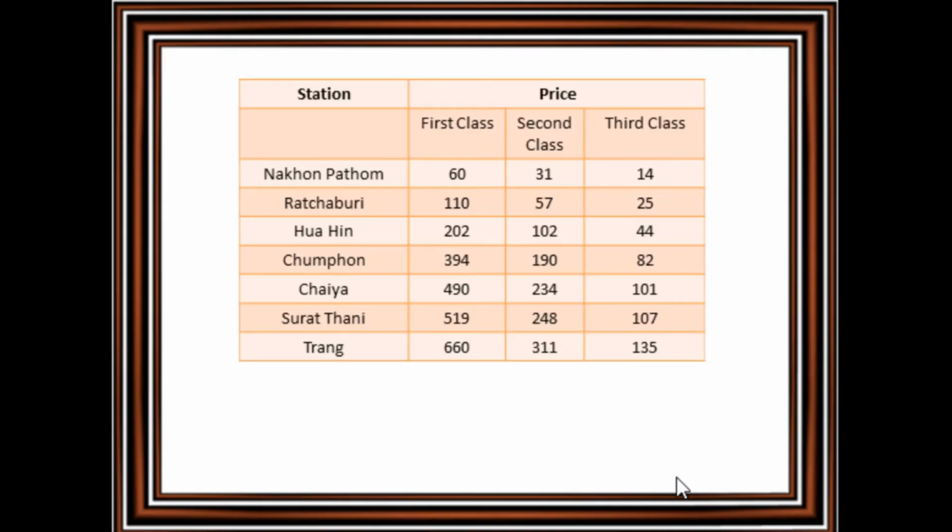Now, let me give you this table. The title of the table is Southbound Train Fares from Bangkok Station. How much you will pay if you will ride the train from the Bangkok station going to other stations like Nakhon Pathom, Ratchaburi, Hua Hin, Chumphon, Chaiya, Surat Thani, and Trang.